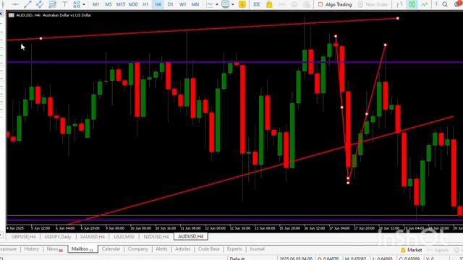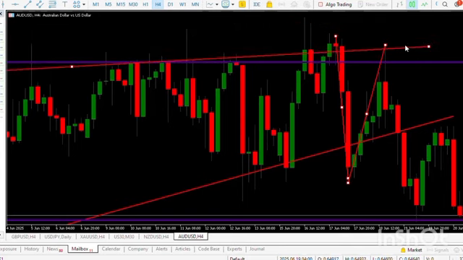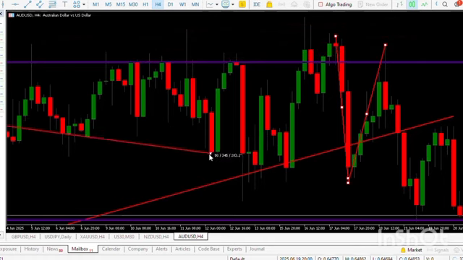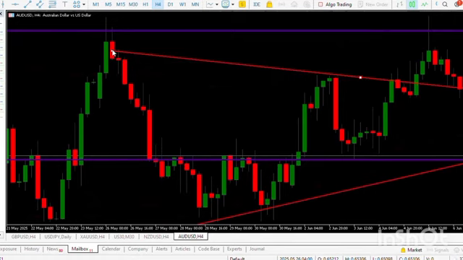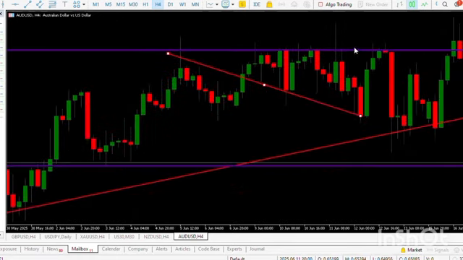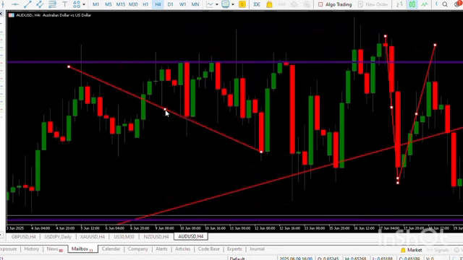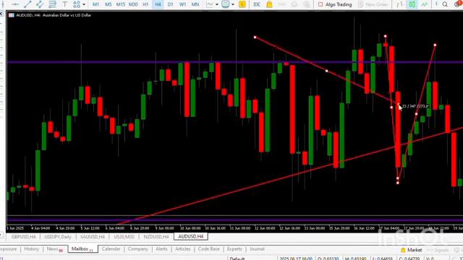So even if I take this one back and reverse it the other way around, you would see that these very tops are not the same thing.